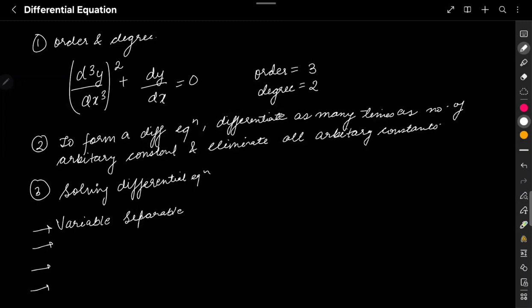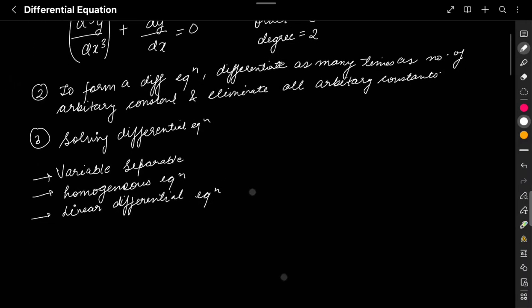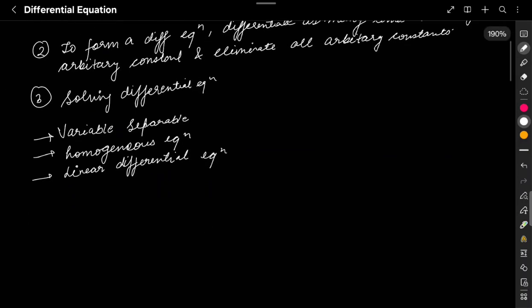Second one we have is the homogeneous equation. And the third one we have is the linear differential equation. These are the main three types, and under these three types we'll study subtypes. So first one is variable separable.